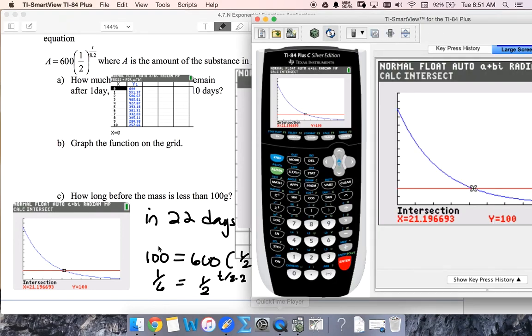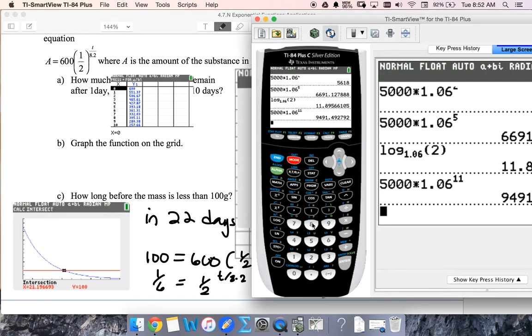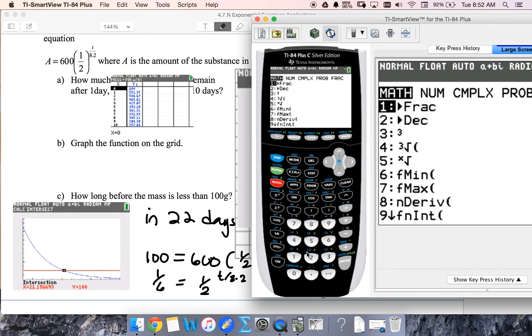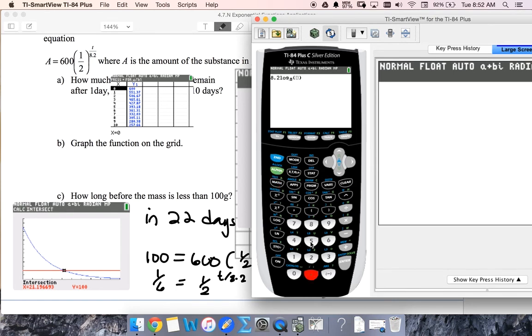Multiply the 8.2 to the other side. So we're going to have 8.2 times that log base a half of 1/6, and we should end up with exactly the same answer.